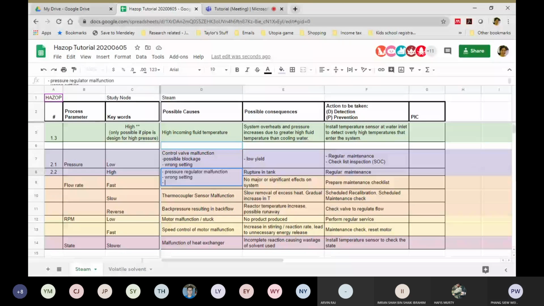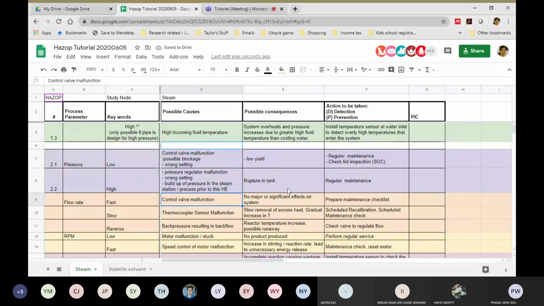Possibly a build-up of pressure in the steam station, maybe. Yeah, a build-up of pressure in the steam station or the process prior to this heat exchanger. That's a good one. Okay, rupture in tank. Ramesh, yes. Is clogging another? Yes, clogging.